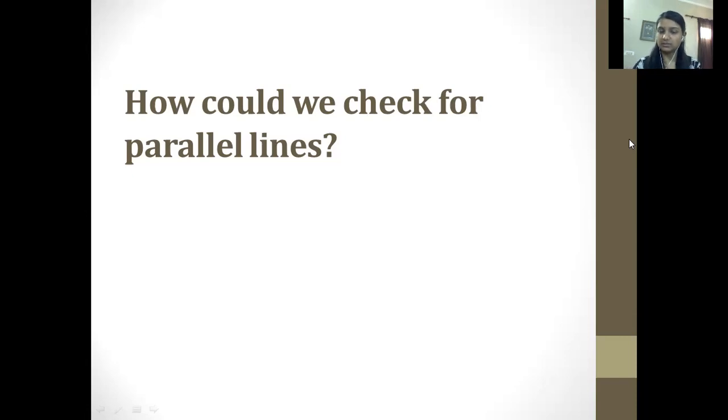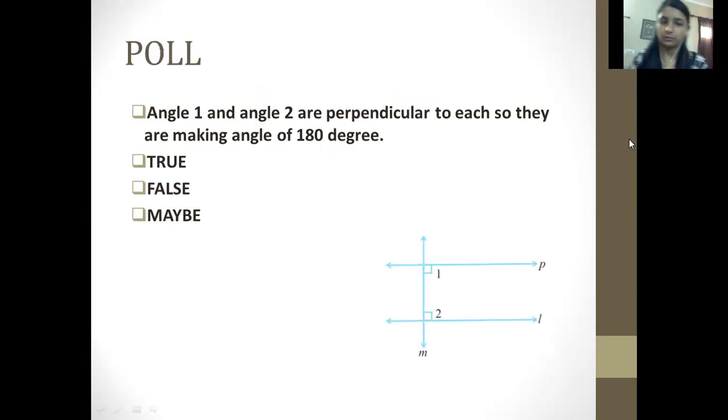It is not necessary to measure the corresponding angles only. We can measure the other angles also: alternate interior angles, alternate exterior angles. There are several angles. We can measure them and confirm that these are parallel lines which are cut by a transversal. Okay, students. So I hope now you have an idea about it.